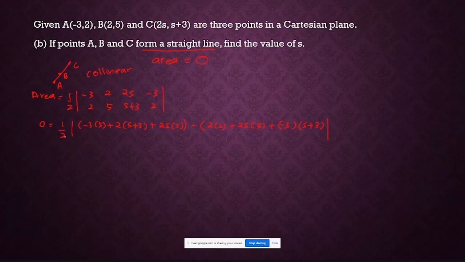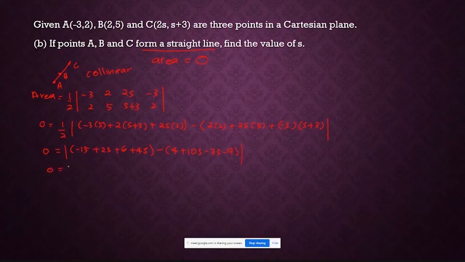Here 0 times 2 is 0. First part: negative 15 plus 2s plus 6 plus 4s. The second part: 4 plus 10s, minus 3s minus 9.